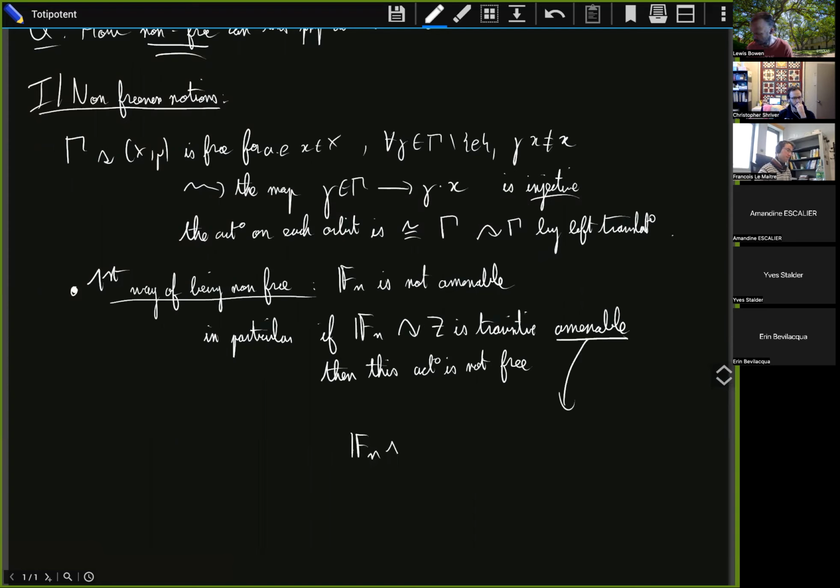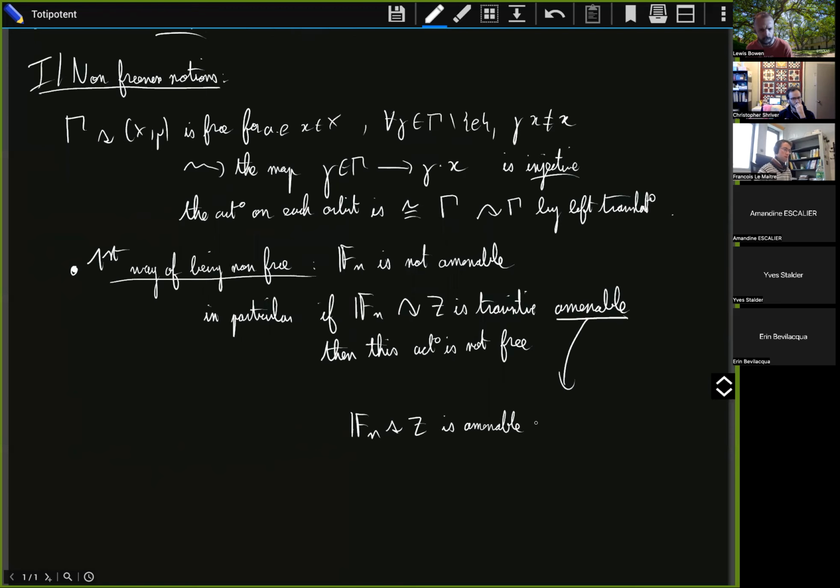Fn acting on Z. Z for me will always be a countable set. It is amenable if there is a sequence Fn, so this is just the usual Følner definition.